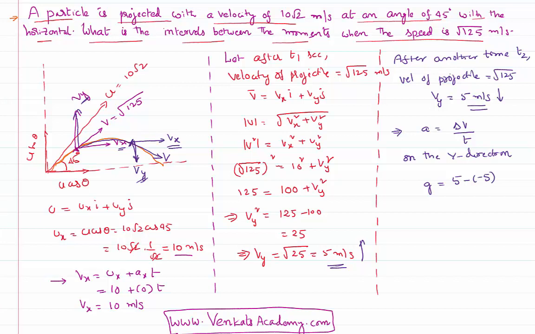This minus because of difference, and another 5 because of the opposite direction. And we need to calculate the t as t1 minus t2. t1 minus t2 is now 5 and 5, 10 by g. Assuming g is also as 10, so the difference in the time is nothing but equal to 1 second. So the time interval is nothing but equal to 1 second.